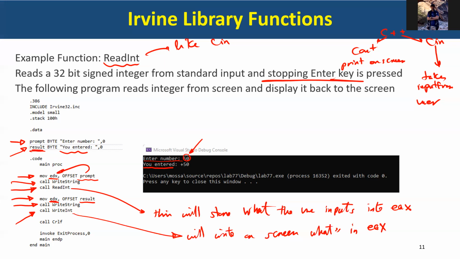It's used by readint when the user hits enter. So readint will take the 50 and put it in EAX, and write int will use EAX again to take its value and put it on the screen.